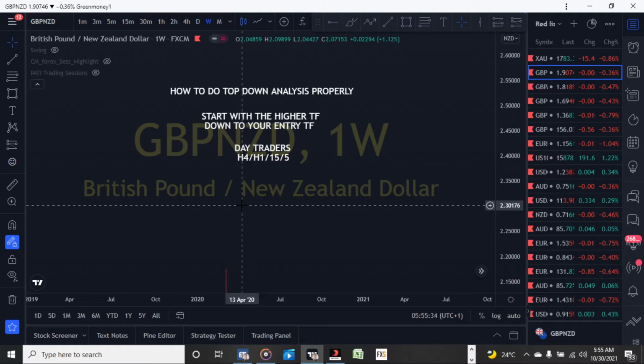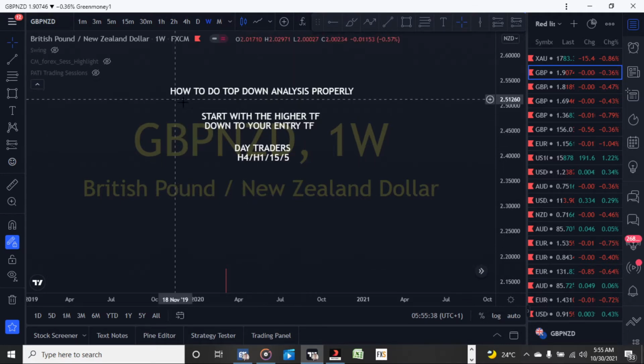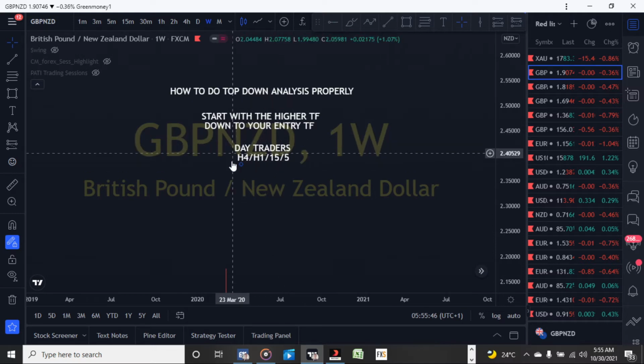All right, so now let's go into it straight. Make sure you start with the higher time frame down to your entry time frame. But if you've already done the weekly analysis and you're coming down at the beginning of the day, you can take a look at the daily close of yesterday's candle and then the opening of today.